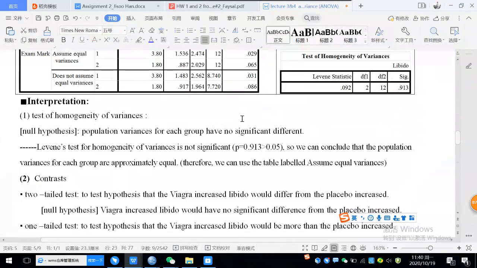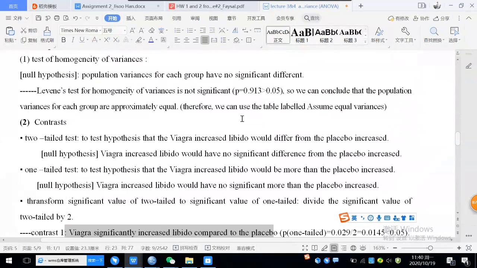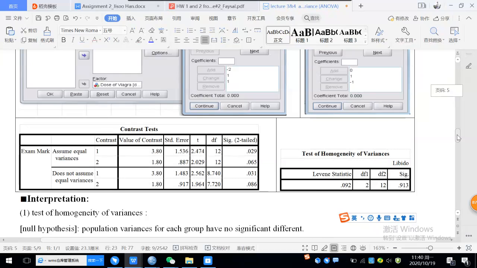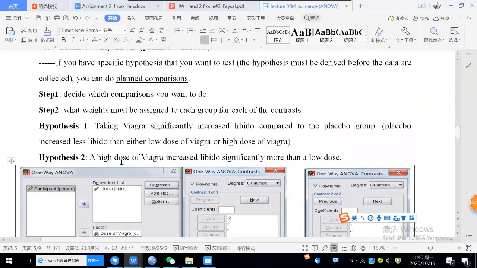Second is, let's see the second. Okay, second is a high dose of Viagra increased libido significantly more than a low dose. Look here, more than a low dose, right? So that means it's also one-sided, significantly increased.